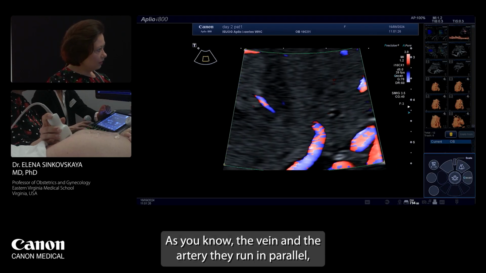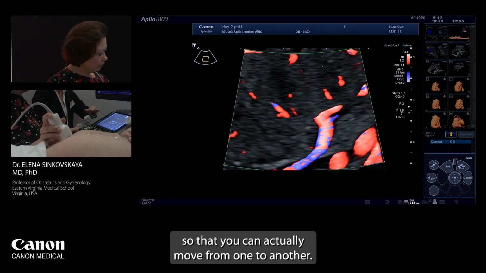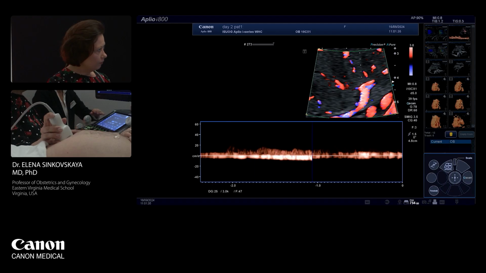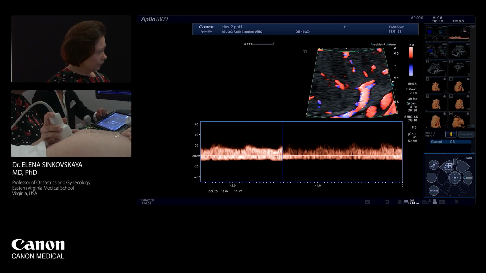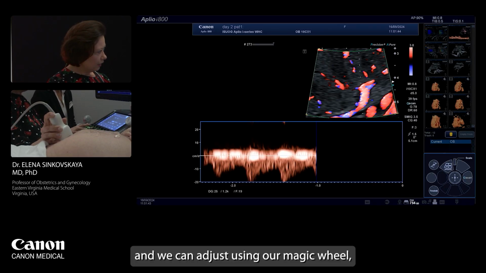As you know, the vein and the artery run in parallel, so that you can actually move from one to another. And so here we have blood flow, and we can adjust using our magic wheel.